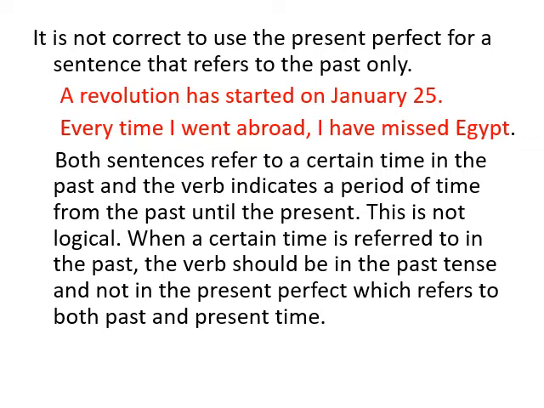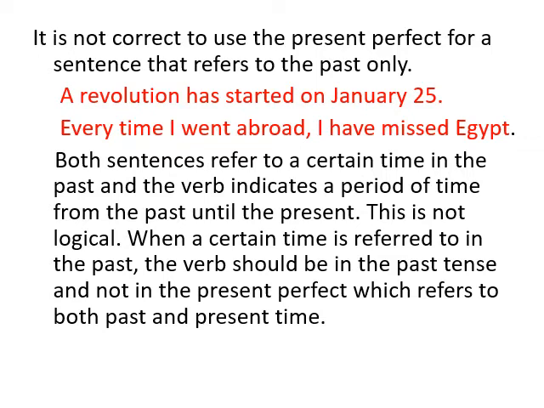If I have something that refers to the past I should use the simple past tense. طيب يعني ما أقدرش أقول a revolution has started on January the 25th. لا, a revolution started on January the 25th. Every time I went abroad برضو every time I went abroad دي حاجات كلها في الماضي.